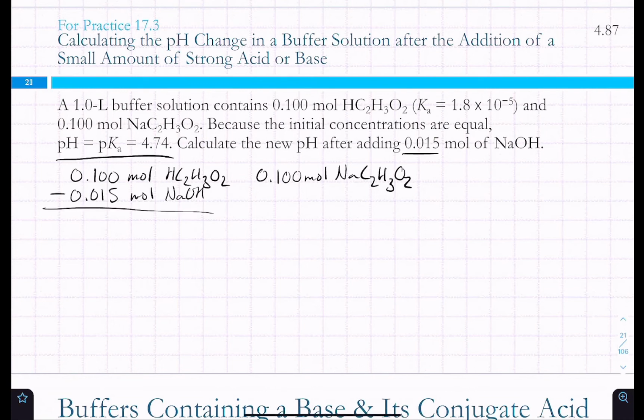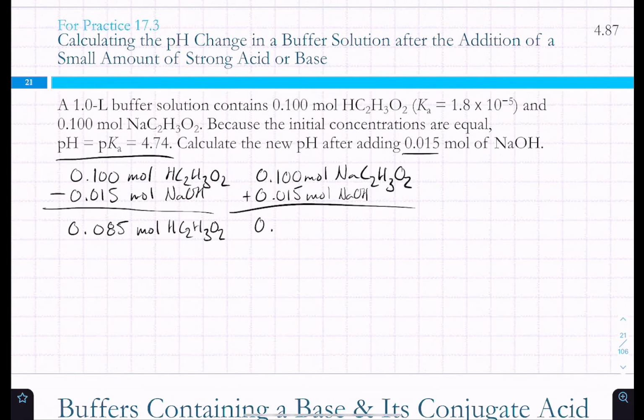So then our amount of acid after that is going to be 0.085 moles. And then our conjugate base will increase by exactly the same amount. This will be plus. So it's going to be 0.115 moles NaC2H3O2.